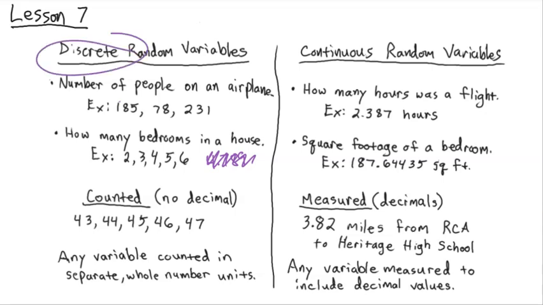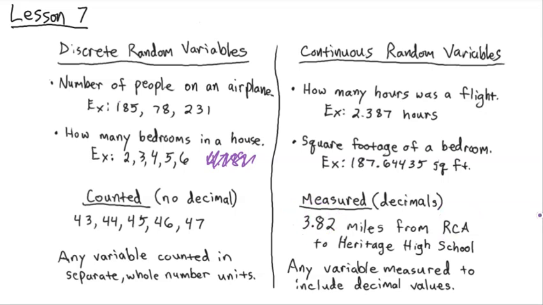So discrete random variables are counted generally with no decimals. 43 of them, 44 of them, 45 of them, etc. But continuous random variables, they are measured, and they are frequently measured in decimals. So for example, Heritage High School is 3.82 miles away from RCA.